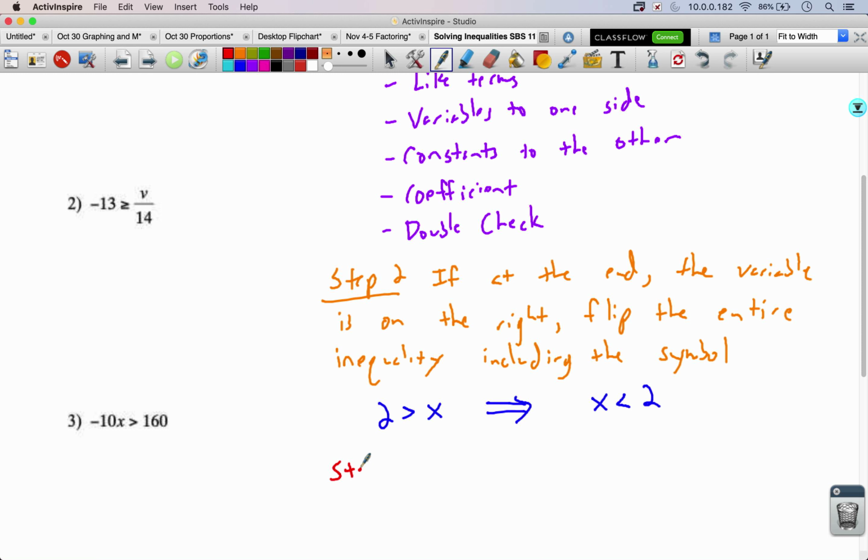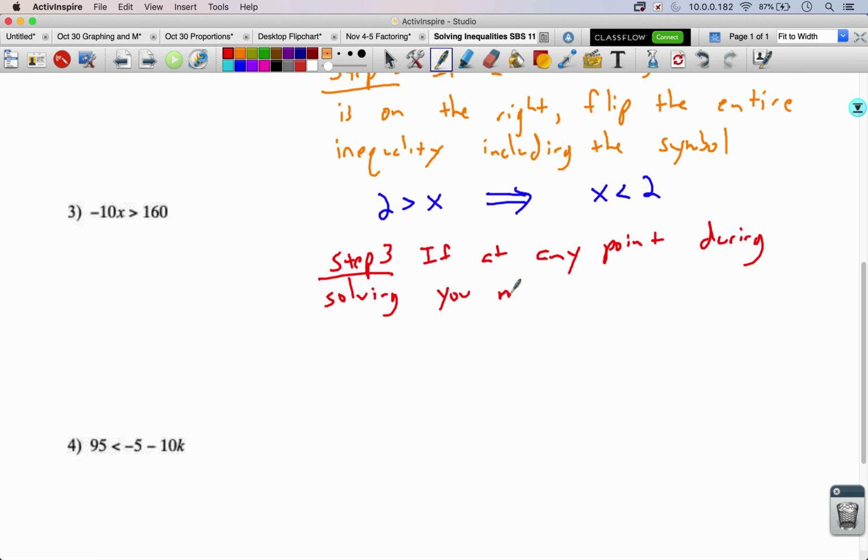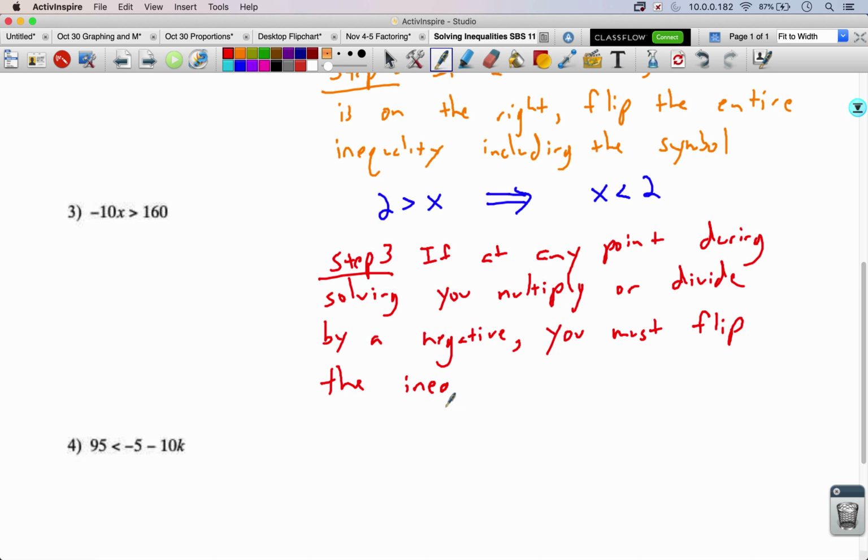All right, and now step 3 is super important and unique to just solving inequalities. If at any point during solving you multiply or divide by a negative, you must flip the inequality symbol.